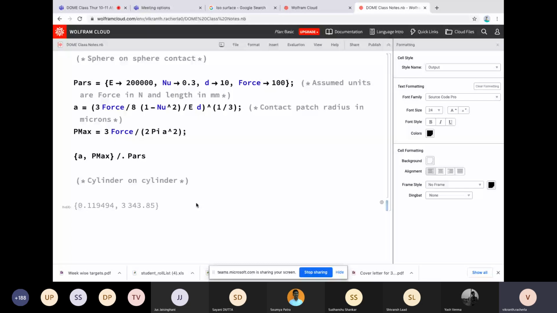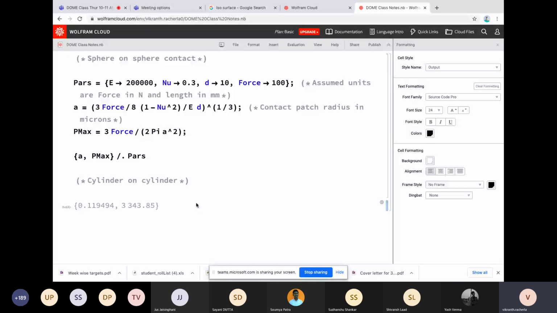And because of this, the stresses in the neighborhood of contact are typically very high. And if at all there is a failure, that is one location where there is a high possibility of failure, at the contact.